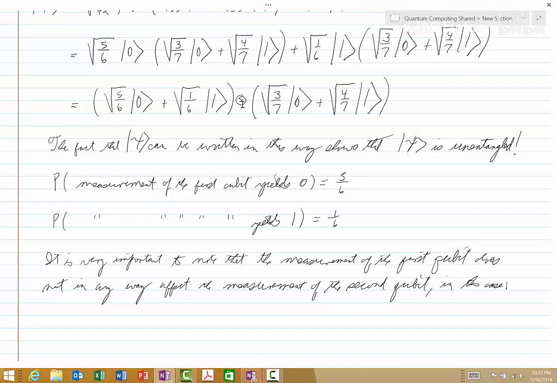And so this is something that's non-intuitive, but it is the way it works, and it plays a big role in quantum computing. So that's our first example of the measurement of one qubit of a two qubit state.